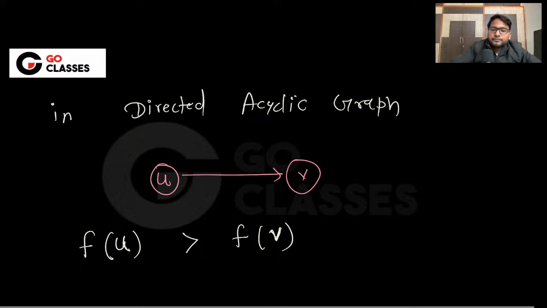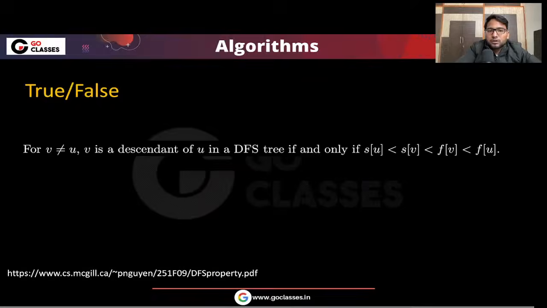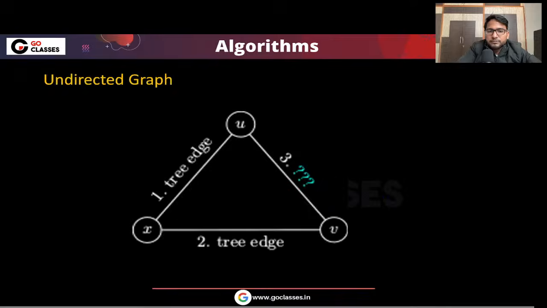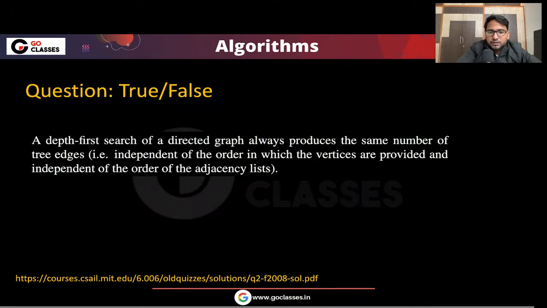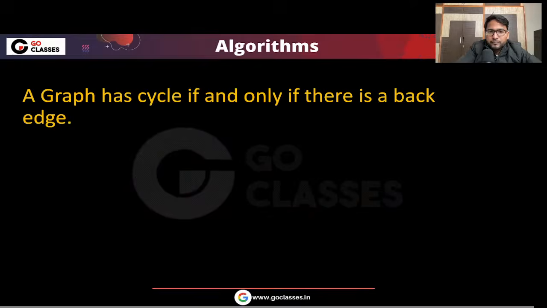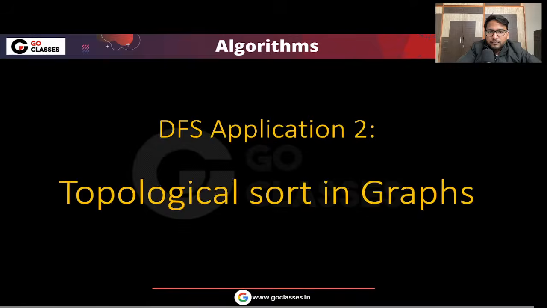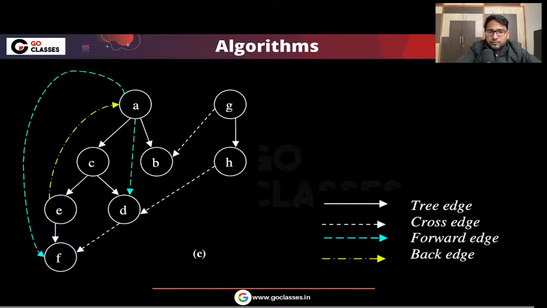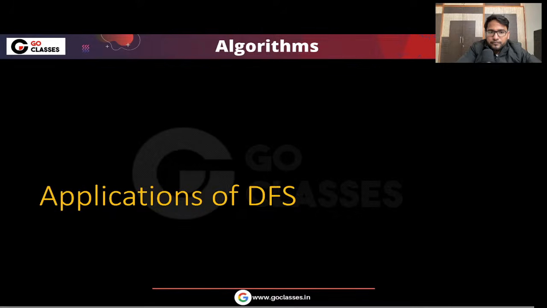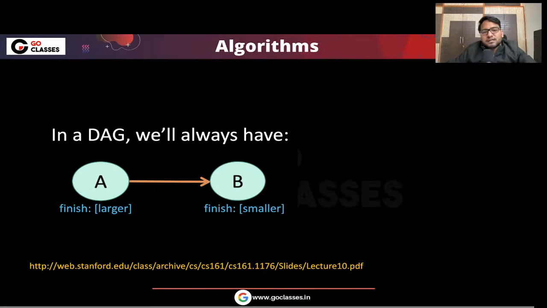So basically, let me just tell you something in little advance. Just a second. Okay. Yeah. So this is the screenshot from Stanford also. Okay. See here in a DAG we always have this.